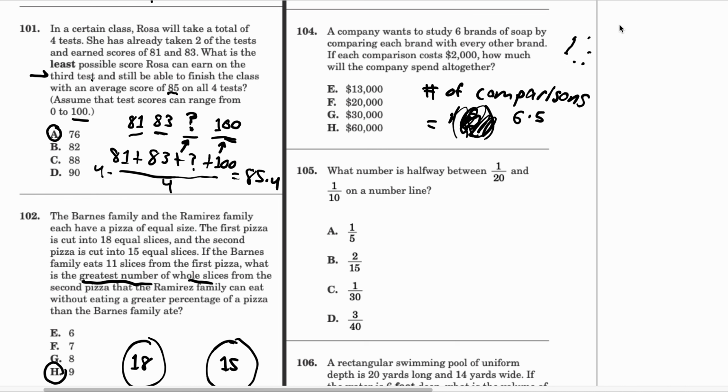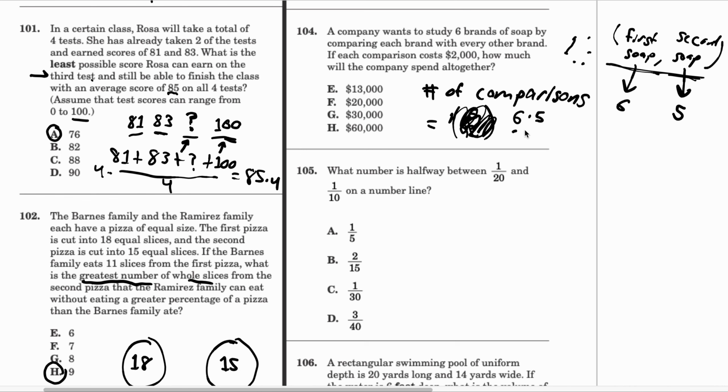So this is like the number of orderings, right? So if this is our first soap that's being compared, and this is our second soap, then these comparisons can be represented in this way. And there are 6 possibilities for the first soap, and then 5 possibilities for the second, right? Because the second soap can't be the first.